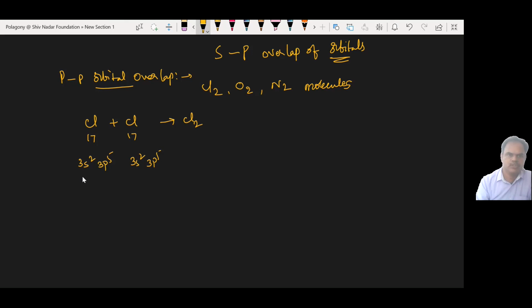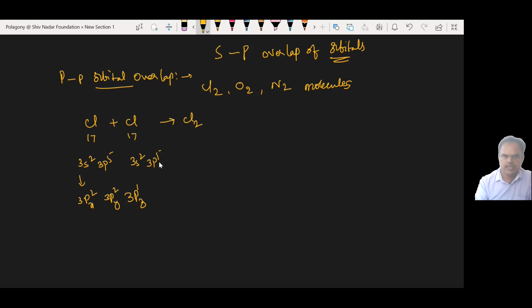If you observe, 3s2 is completely filled, 3px2 is completely filled, 3py is also completely filled, and 3pz has one unpaired electron.